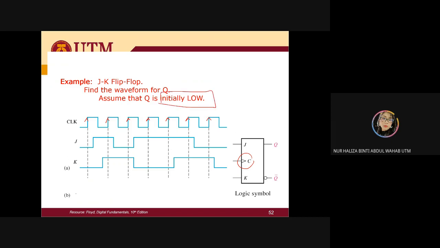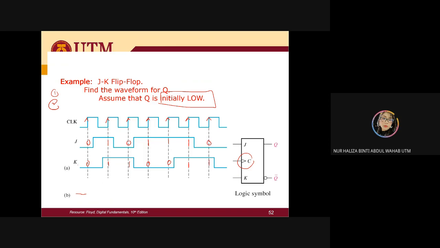So let's see, low, and then at this part, first you draw the dotted line already. Second, you're going to fill in the value at the dotted line. 0 0 1 1 0 1 1 0 1 0 1 1 0 1.